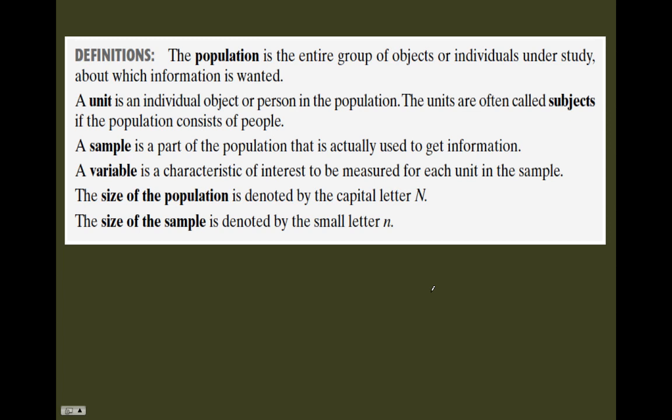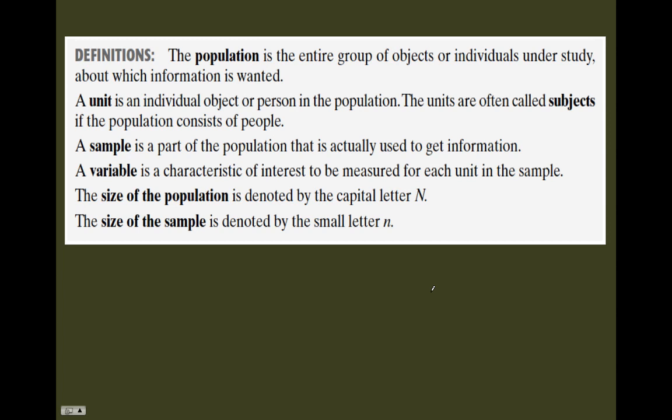So as we begin to think about sampling design, the first thing we need to do is clearly understand some of these definitions. The population is the entire group of objects or individuals under study about which information is wanted. And a unit is an individual object or person in the population.